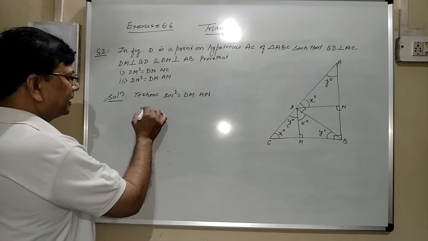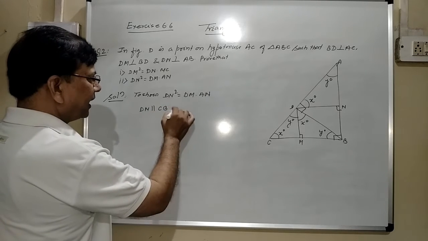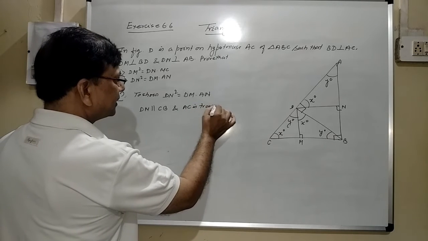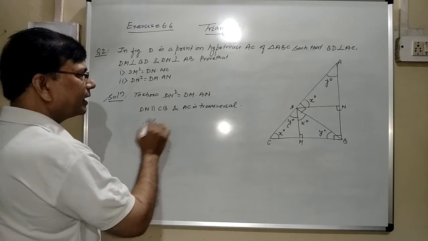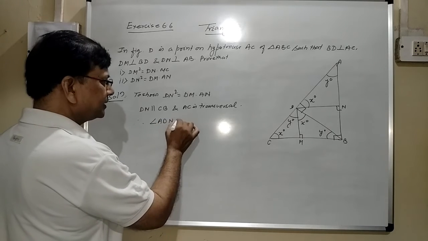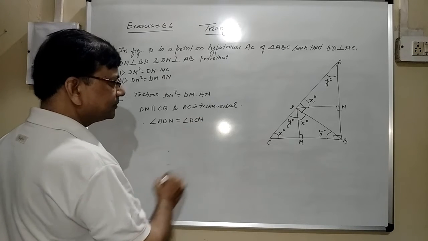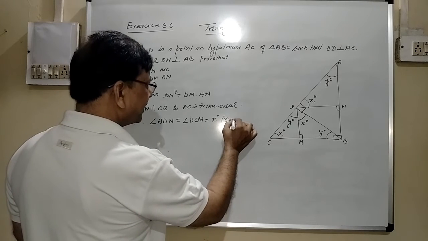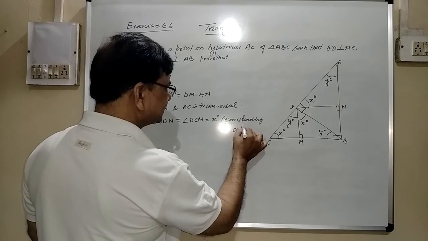DN is parallel to CB and AC is transversal. Therefore, angle ADN is equal to angle DCM is equal to x degrees. That is corresponding angles.